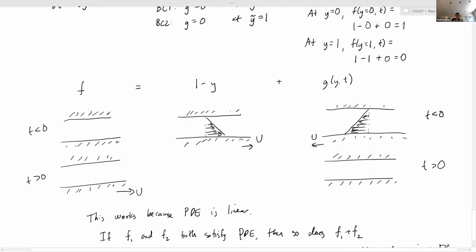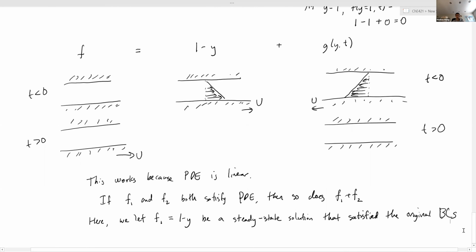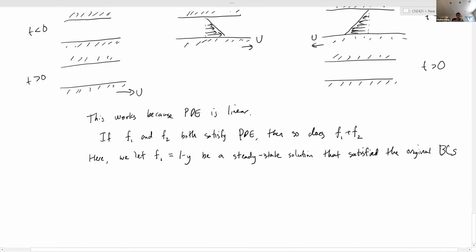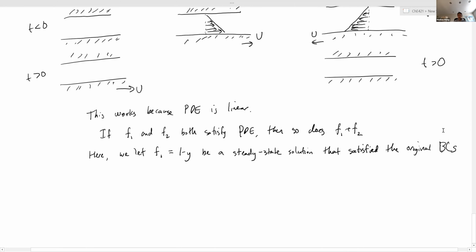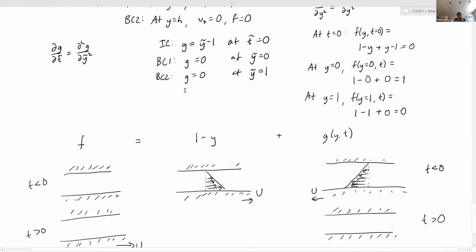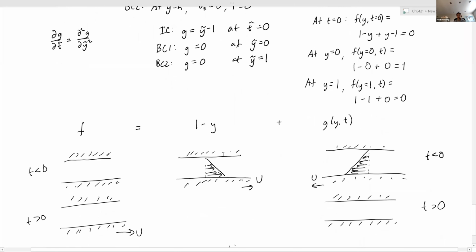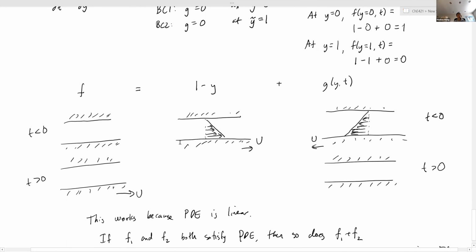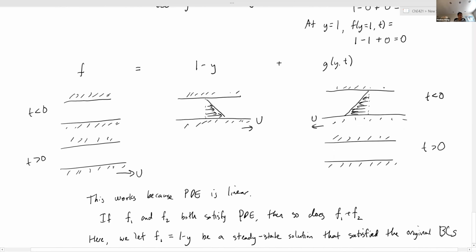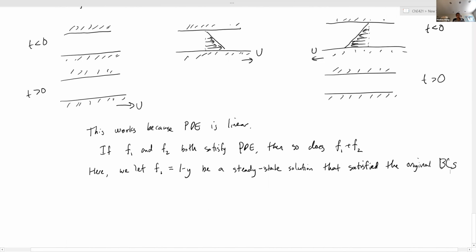And so you get a profile that looks like this. Sorry, I'll scroll down so you guys can copy if you want. It's still down here. This satisfies the original boundary conditions right here. And so once we did that, then we were able to solve a slightly simpler problem that has 0 boundary conditions, but this has a different initial condition right here. And then we were able to add those two together to get to the solution that we actually cared about. Okay, and this is a kind of a neat trick that makes some of our problems a little bit easier to do at times.